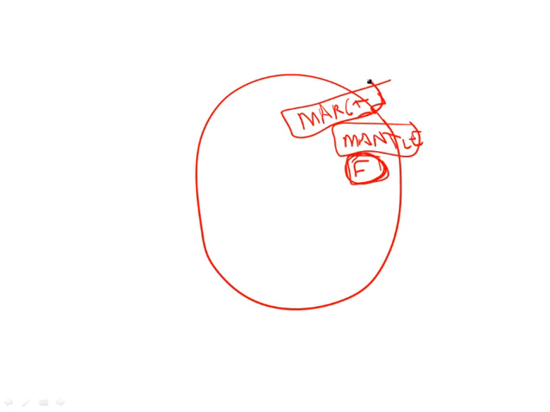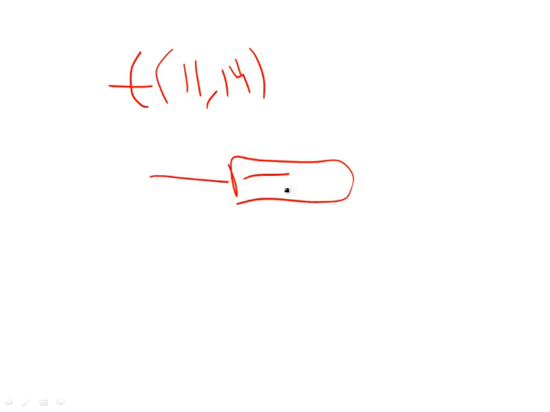Now, mantle cell lymphoma, which is what we're now talking about, and so let's create another whiteboard. Mantle cell lymphoma is driven by something called the translocation 11-14. Now, what happens there? Well, these are B cells, and B cells normally are overexpressing immunoglobulin heavy chain, which sits on chromosome 14.